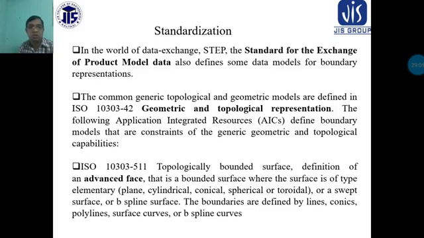The boundaries are defined by lines, conics, polylines, surface curves or B-spline curves, according to ISO 10303-335.